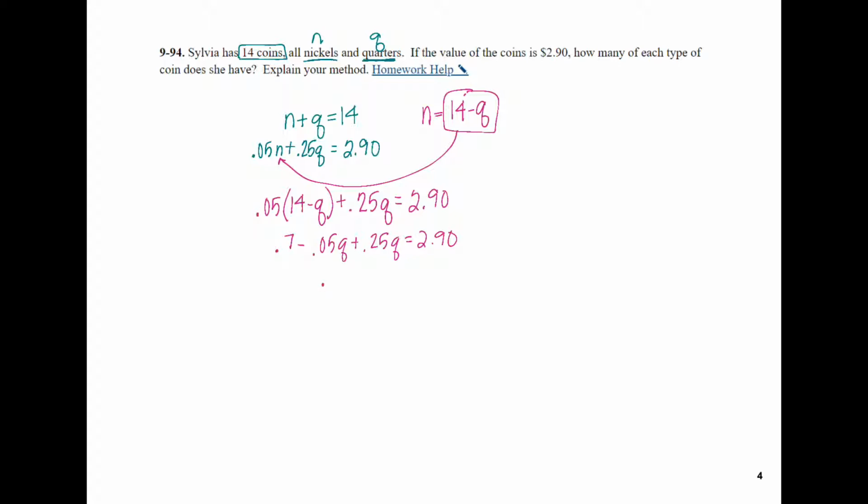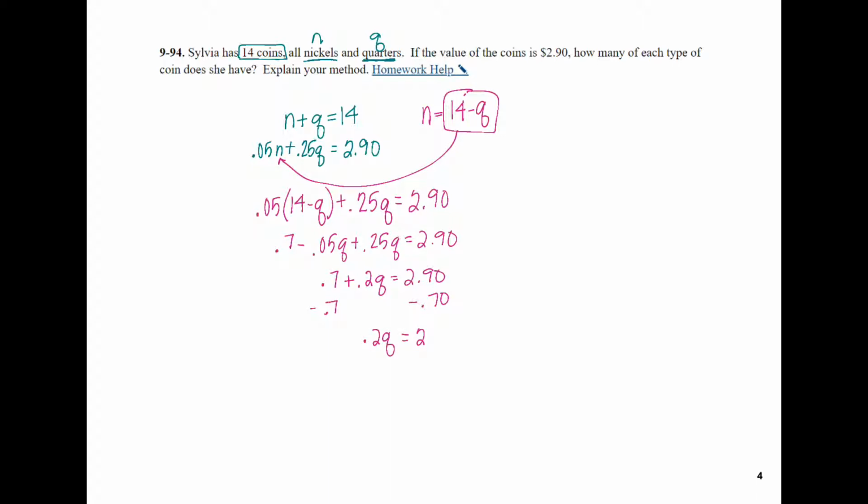Combine like terms, so 0.7 plus 0.2Q equals 2.90. The inverse of positive 70 cents is negative 70 cents.